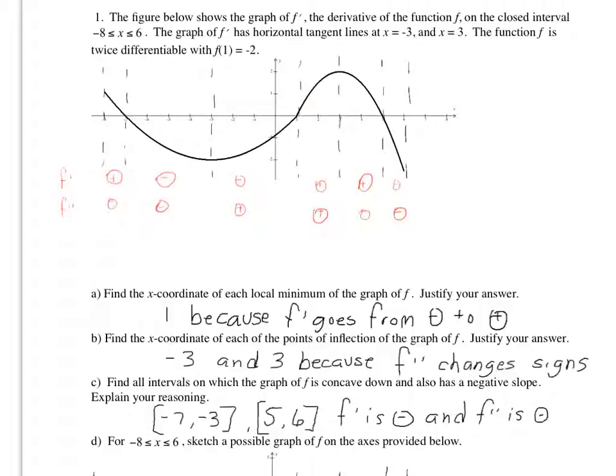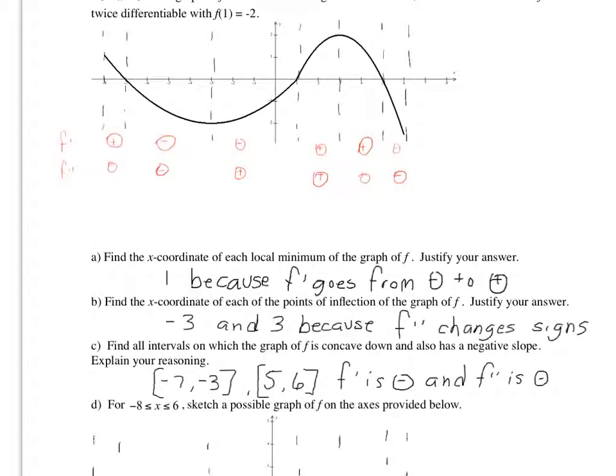To find inflection, it's when the signs change, but it's only at f double prime. So the signs change at -3 right here and at 3 over here. To find the intervals that concave down and have a negative slope, when it concaves down, it must be an upside down U like that with the negative slope going this way.